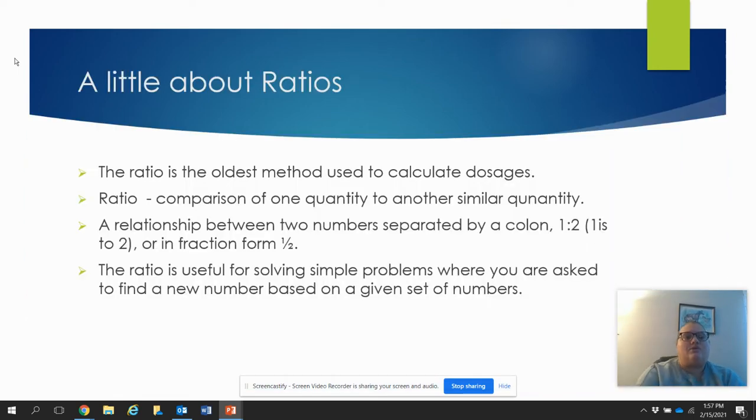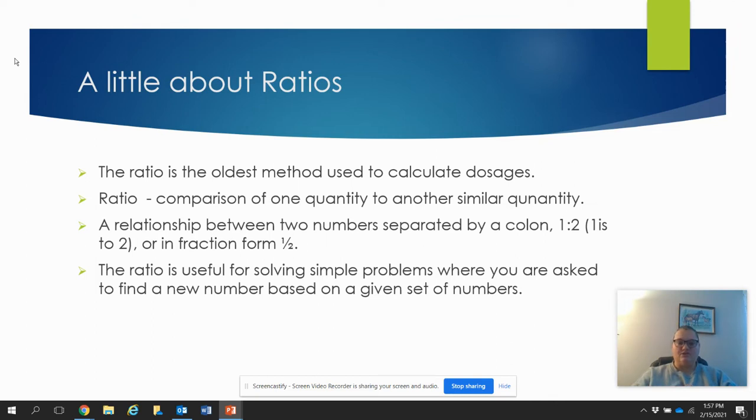So here we go. Ratios are one of the oldest methods used to calculate dosages. A ratio is a comparison of one quantity to another similar quantity, a relationship between two numbers separated by a colon, so 1 to 2, or 1 is to 2, and in fraction form it would be 1 over 2.